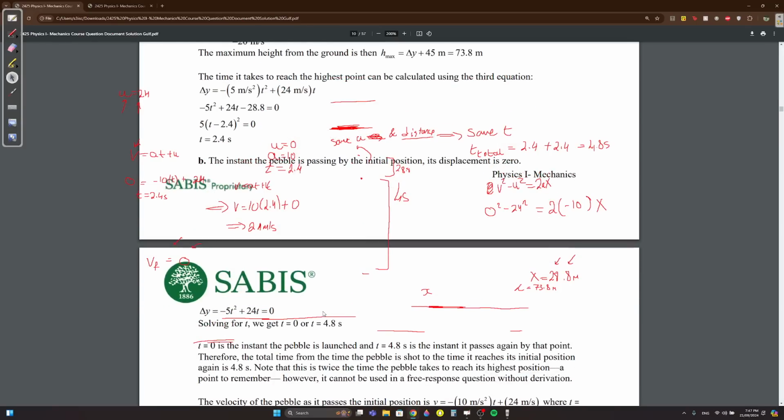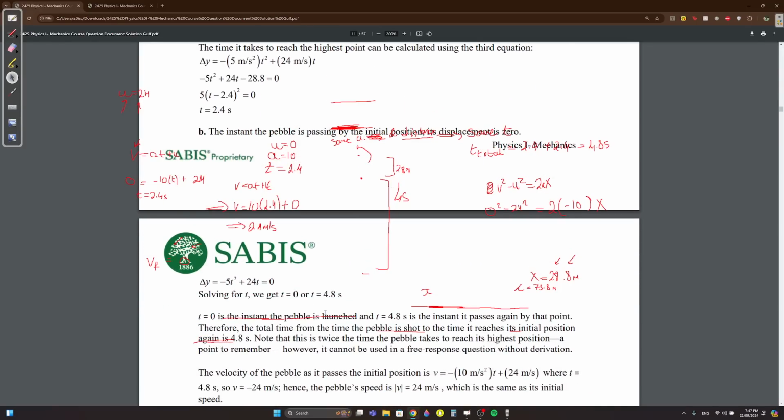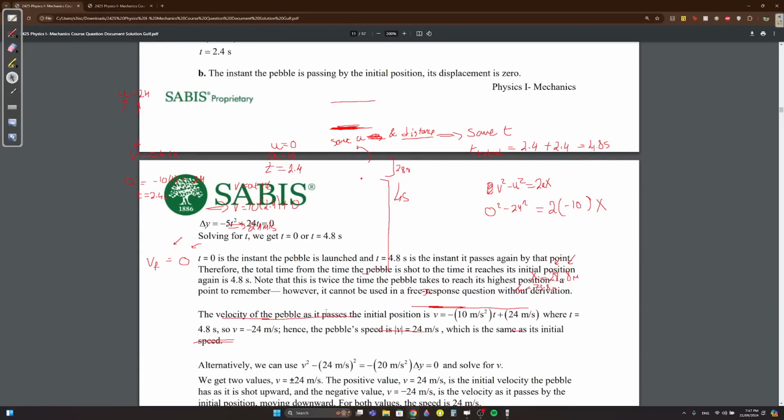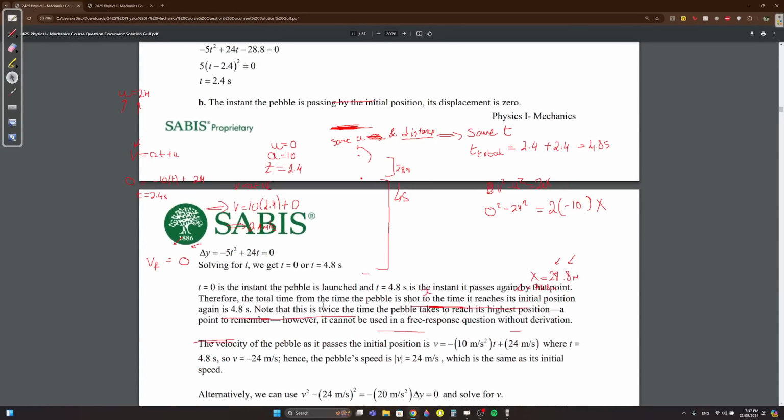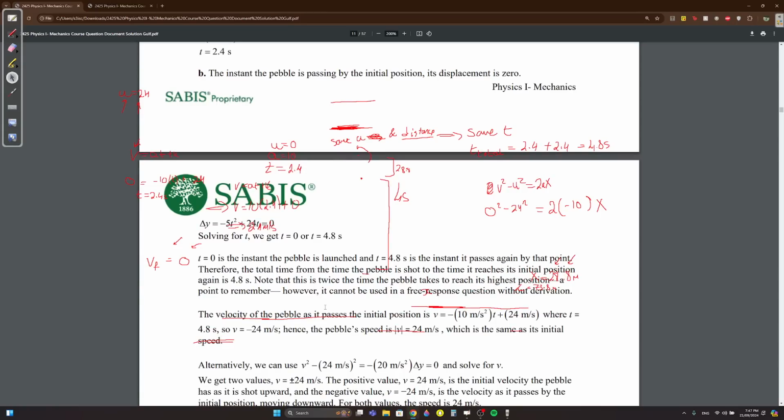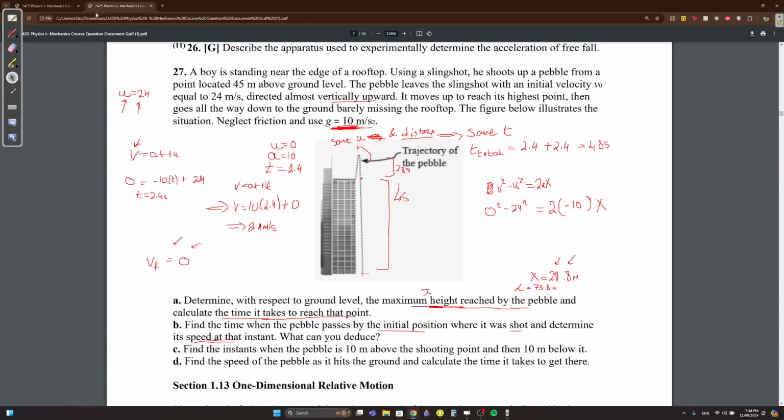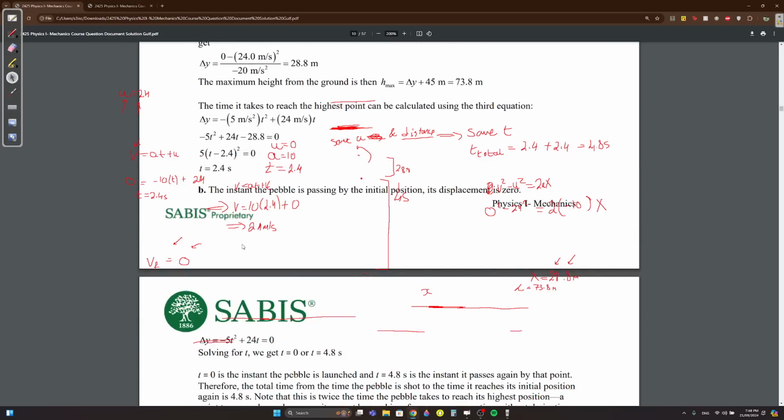Is that correct? I don't know, it feels wrong. Why though? Why negative 24? They want negative 24, but why though? Why are they using negative as the acceleration? It should be positive if you're going down. Okay, let me see here.